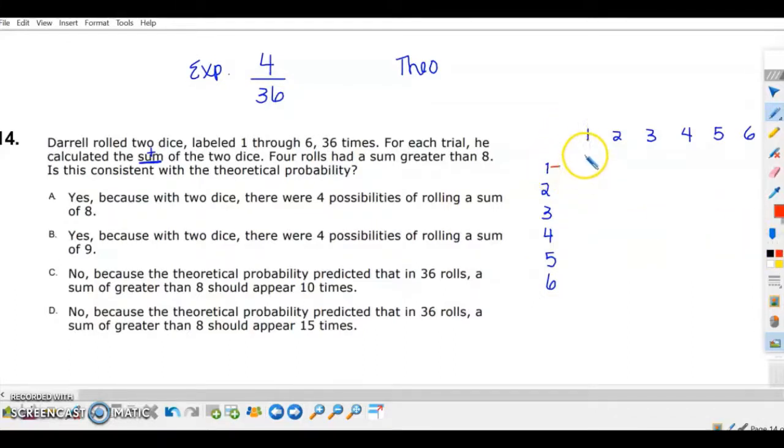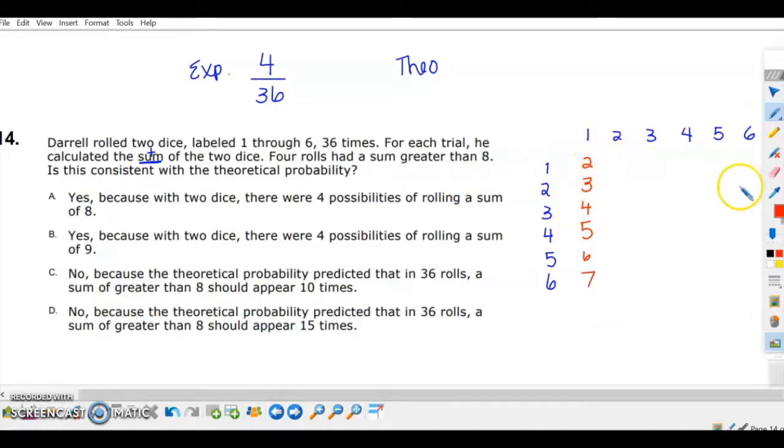If you roll a 1 for both dice, 1 plus 1 is 2. Okay, you could roll a 1 on the first die and a 2 on the second die. That would give you 3. So basically you're going to add 1 to all of these, okay? Then we're going to do the same thing but add 2 to all of these.